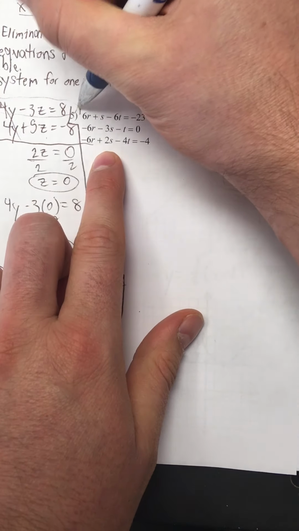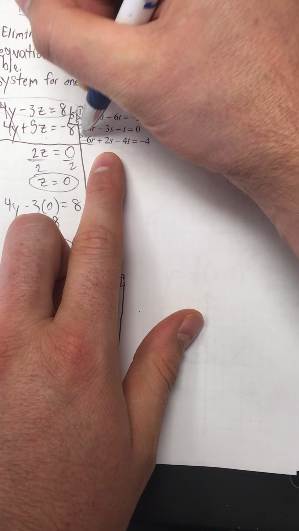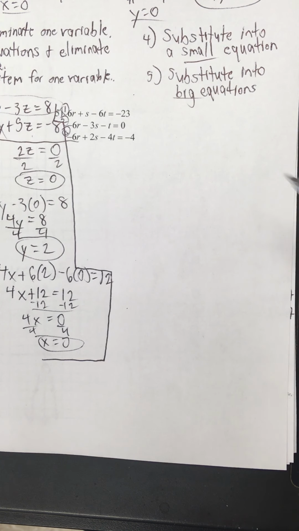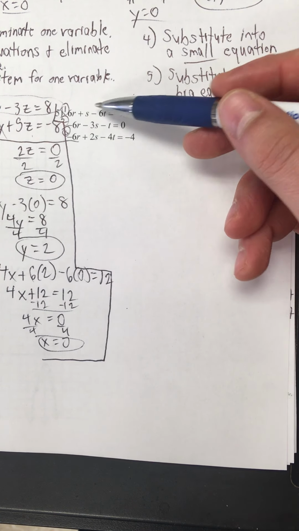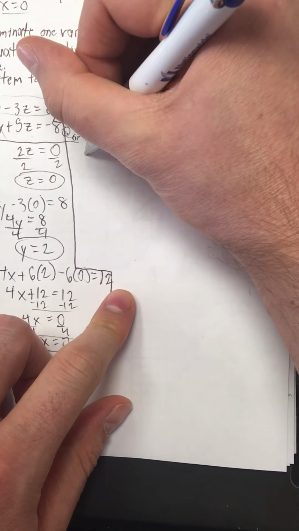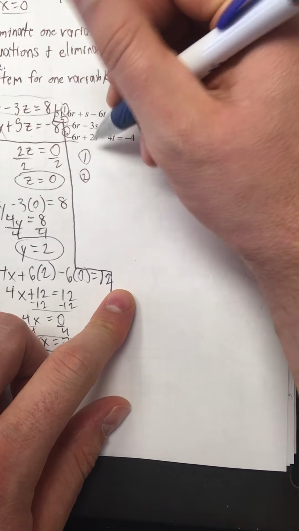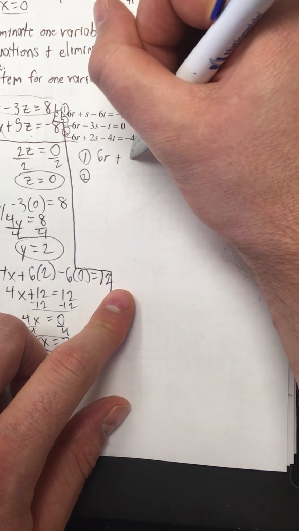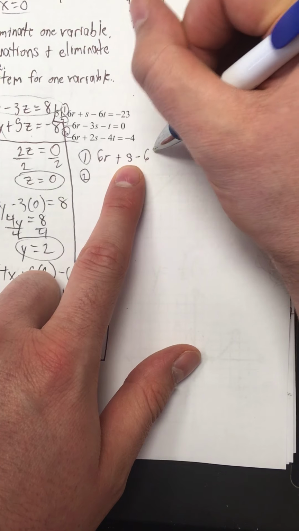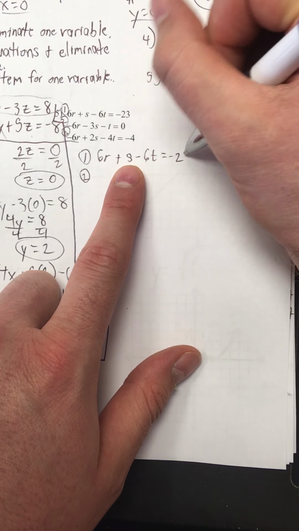We're doing it. So let me just number these, 1, 2, and 3. I need to pick 2 equations and eliminate a variable. Now it looks like it'd be easiest to use equations 1 and 2 and cancel the r's out this time. So let's do that. Equation 1 and 2, I have 6r plus s, just be careful you're not making your s look like a 5, minus 6t equal to negative 23.